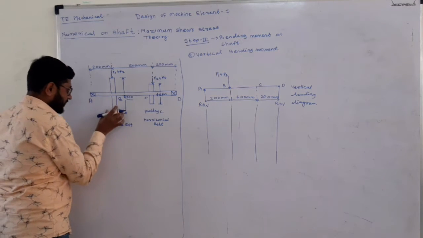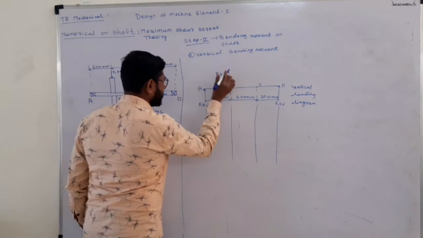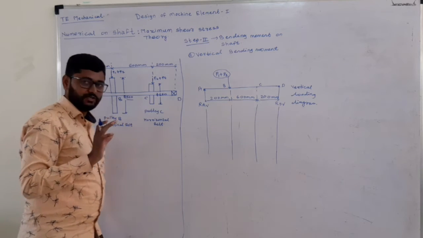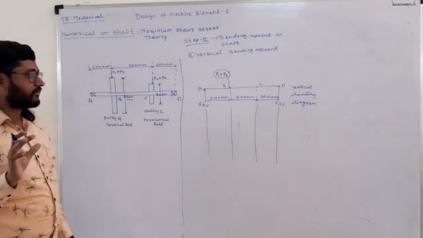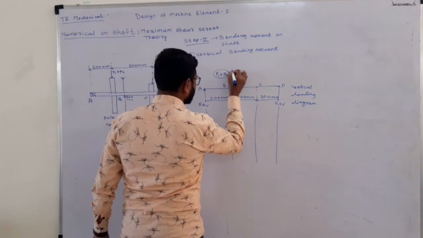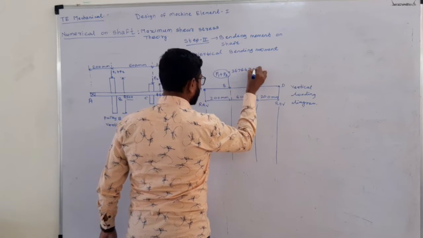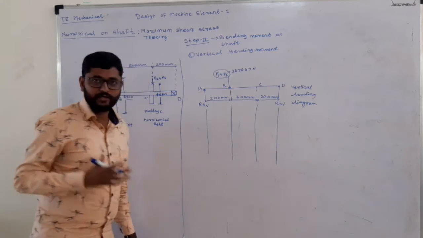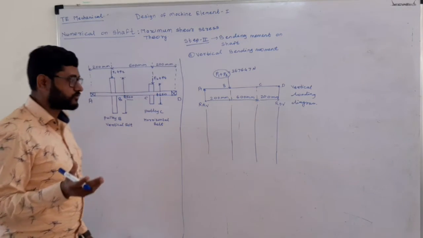So we have to neglect the weight of the pulley, and only consider the P1 plus P2 force, that is the tension on the belt, P1 plus P2, that we have already calculated, the tension on the tight side and slack side of pulley B, that is equal to 3676.47 Newton.